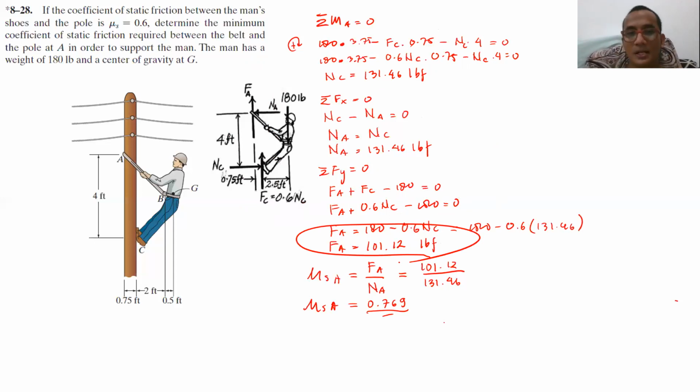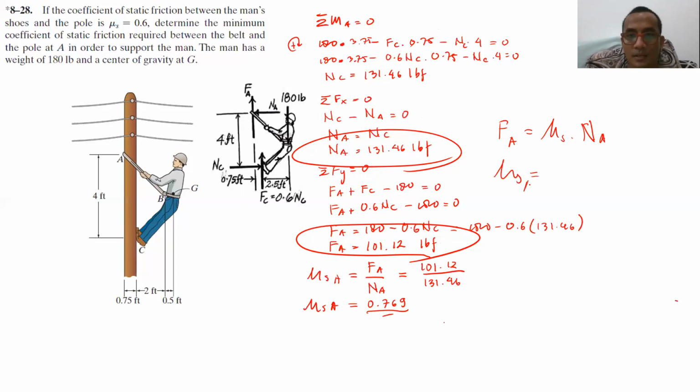And because we have our NA value, the normal force at A, we can get the minimum coefficient of static friction at A as well. You have to remember that Fa is supposed to be mu s multiplied by NA. That's why our mu s at A is supposed to be Fa divided by NA.